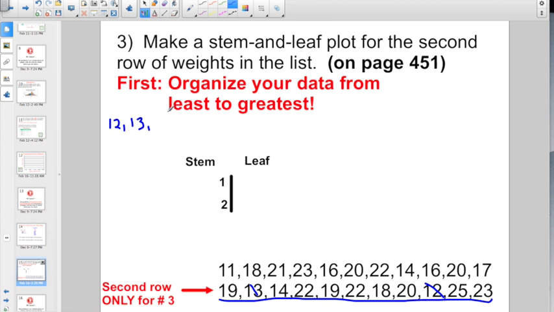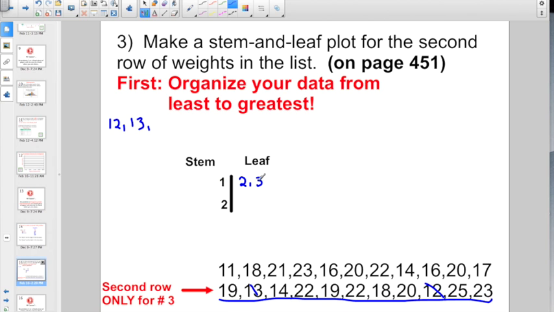But you have to get the data organized from least to greatest before you start putting it out in a stem and leaf plot. So the first stem that I have is a 1. The first leaf I would have is a 2, right? The next leaf I would have is a 3.